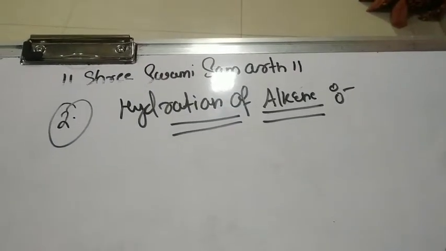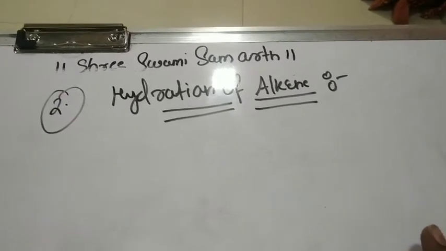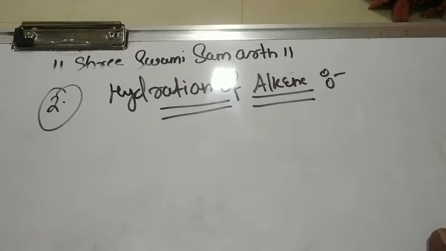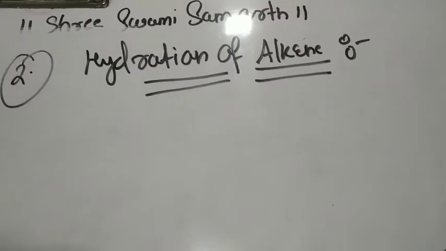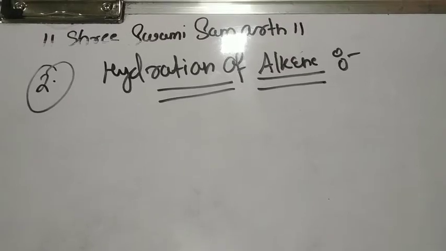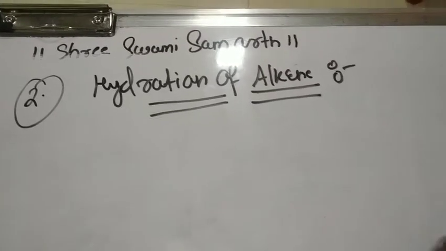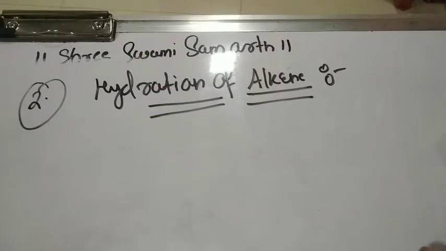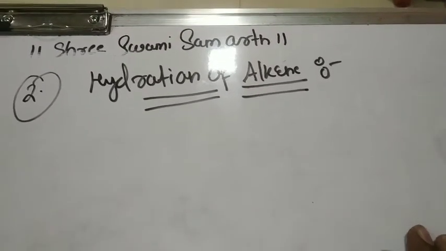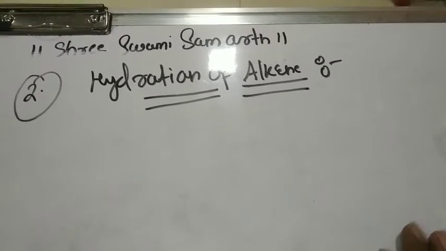And in your new 12th standard textbook, the reaction is not mentioned. It is simply given that the reaction has been given in the 11th standard textbook, right? You have to refer to the 11th standard textbook. Instead of referring to the 11th standard textbook, the reaction I am giving you is very, very important, and that reaction can also be asked in your CET exam.